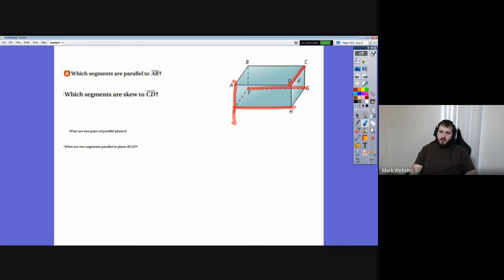This vertical one is never going to touch that horizontal one. And BF. So we've got 1, 2, 3, 4 different segments here on this box that are never going to touch. So yeah.